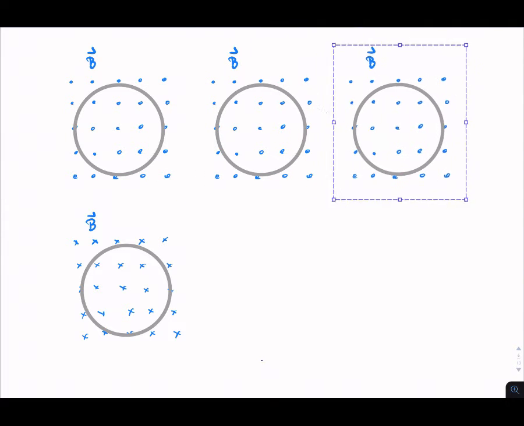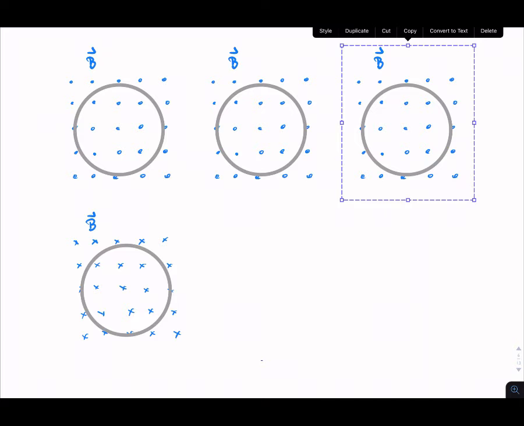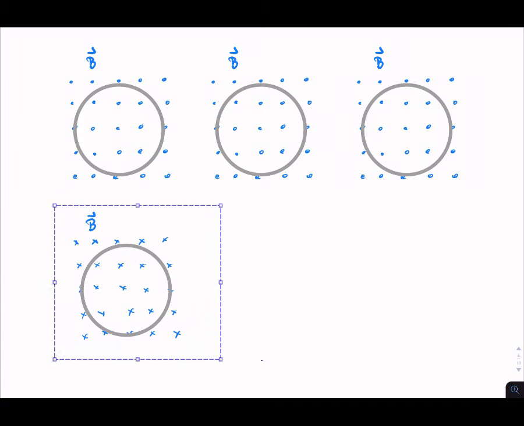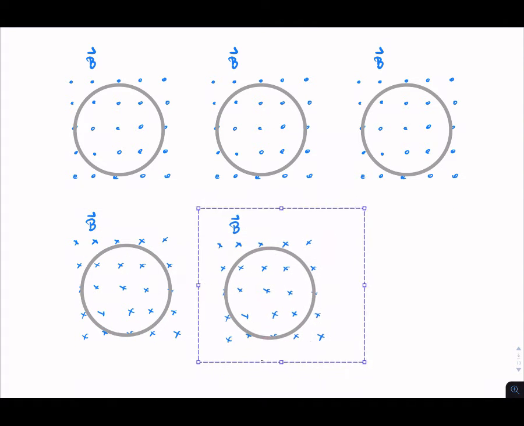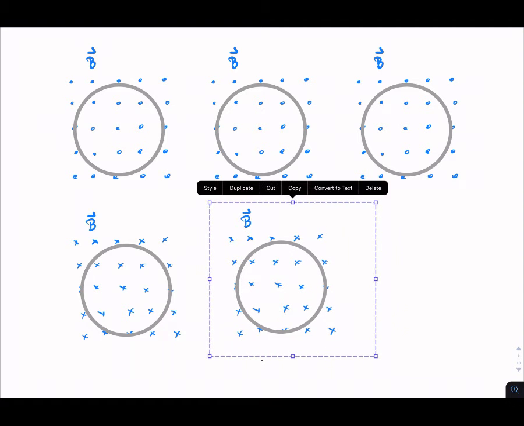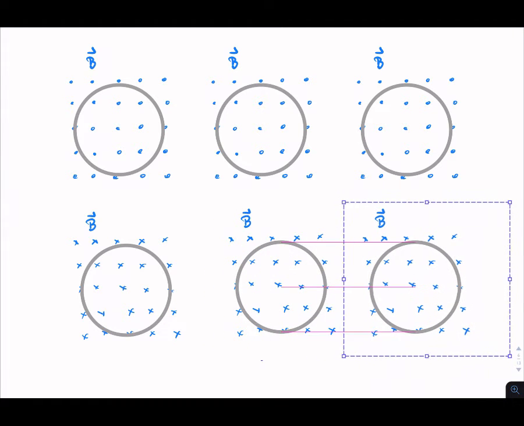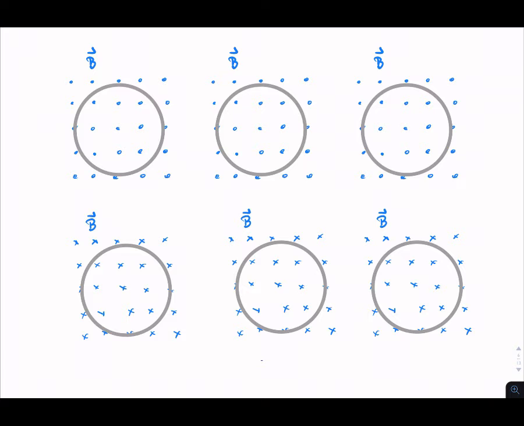Okay, so here we have 3 different situations where we're coming out of the page, and 3 different situations where we're going to have our magnetic field going into the page. Up here, let's do a steady, meaning this is a constant magnetic field, okay?